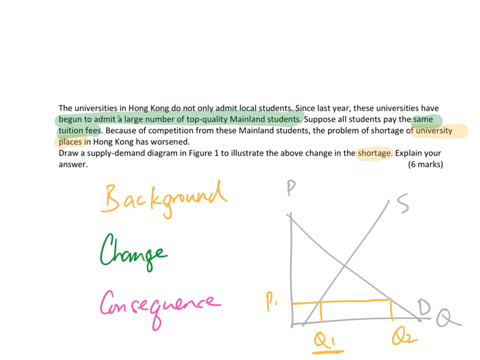The first is that they begin to admit mainland students. That means for university places there are more users, more consumers. So it belongs to a demand change, and there will be more demand for the university.